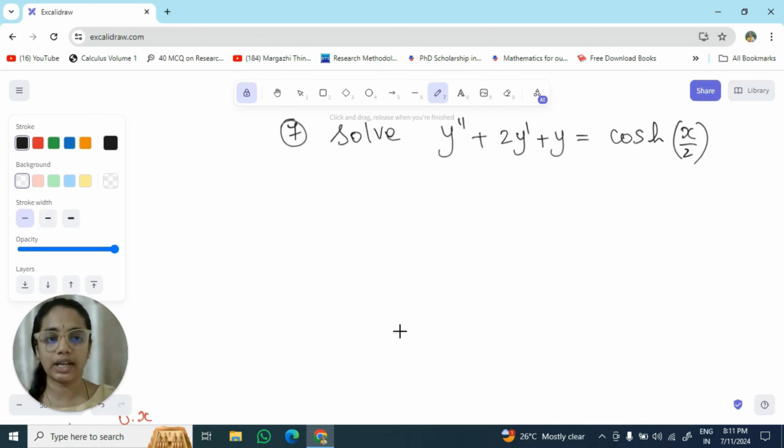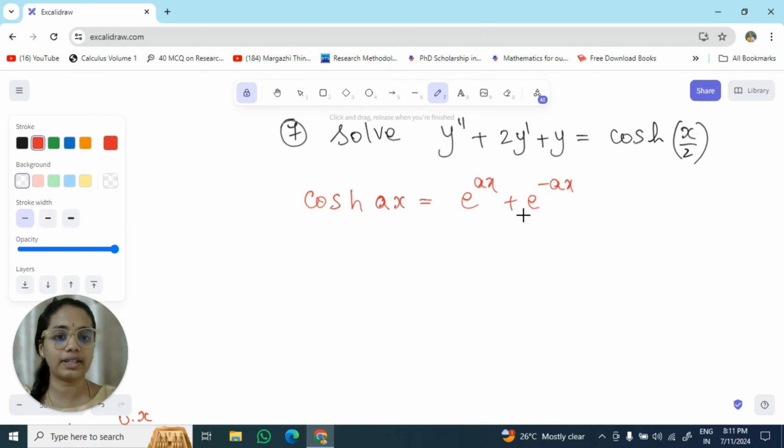So we know the formula for sine hyperbolic ax. Agree? Now let me write down the formula for cos hyperbolic ax, which is nothing but e power ax plus e power negative ax divided by 2.